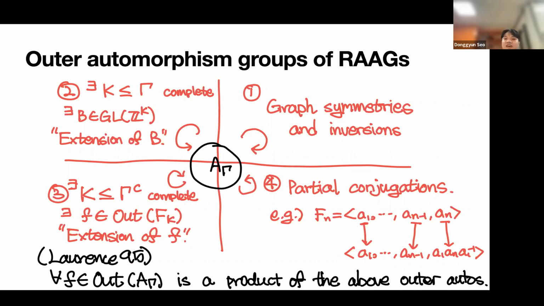Okay, so before I introduce our result, I want to explain some important subgroups of the automorphism group.